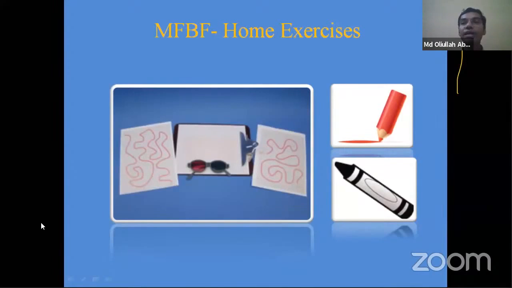And how you can take this further for kids and anybody: you can have a felt tip pen or an HB pencil or a color pencil, and assign the task to the patient wearing these anaglyph goggles, red green, red blue, or red cyan, and give the specific pen or color pencil so that they can start practicing.